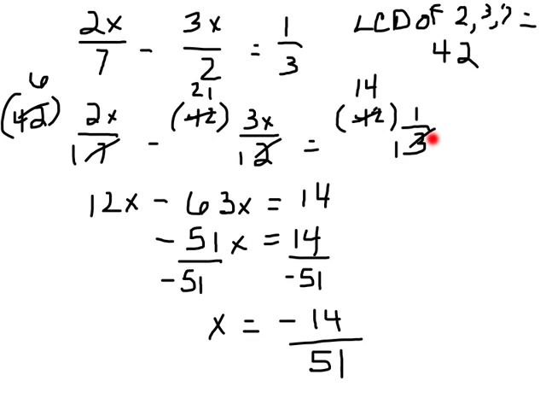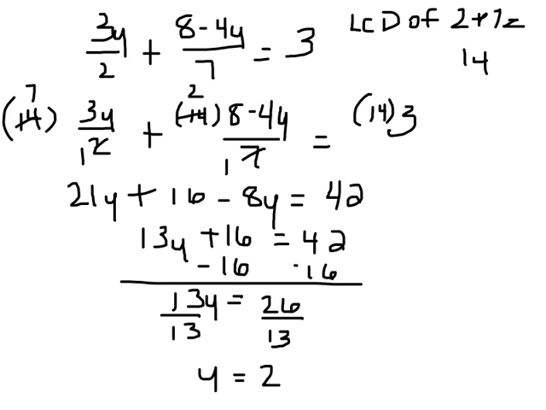And then the 3 goes into itself 1 time and into 42 14 times, and 14 times 1 is 14. Then I combine my like terms. 63 minus 12 is 51, and it is negative, equals 14, and then divide by negative 51, and my answer is negative 14 over 51.